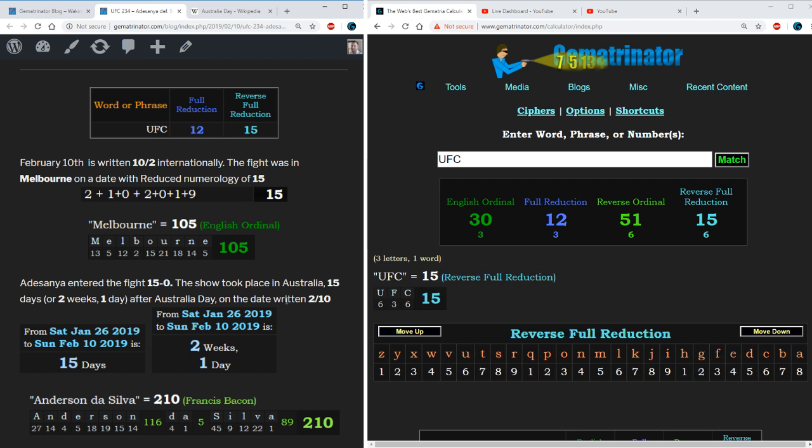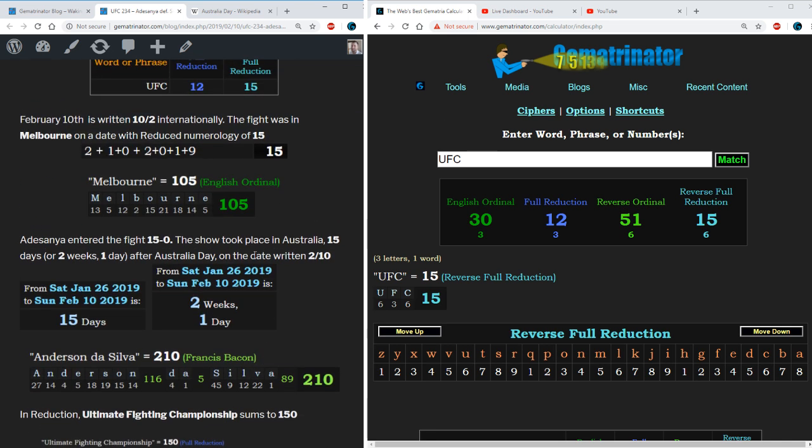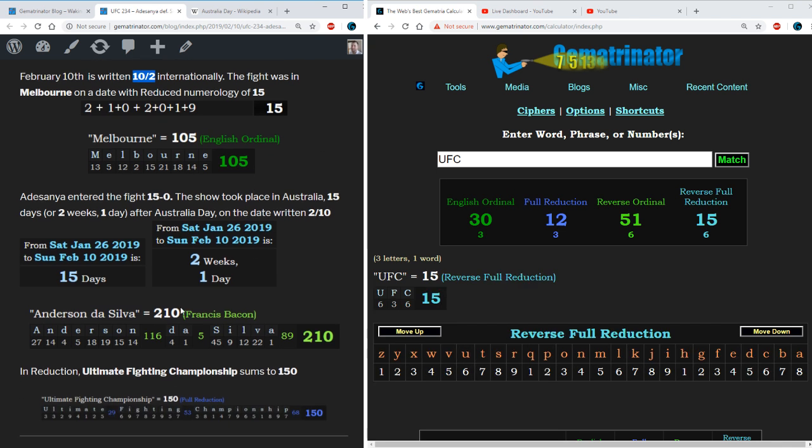In regards to the date, February 10th, internationally the date is written 10/2, and UFC sums to 12 in reduction. The date February 10th is written here in the United States as 2/10. 15 days is also 2 weeks and 1 day, like 21.